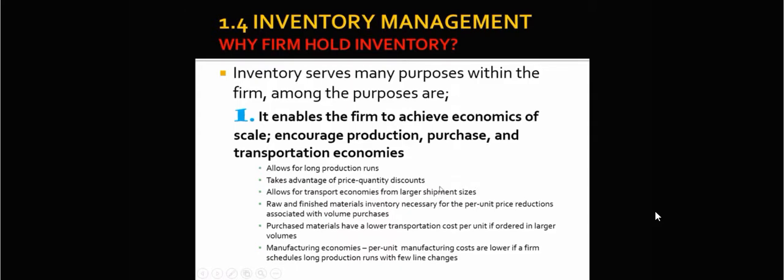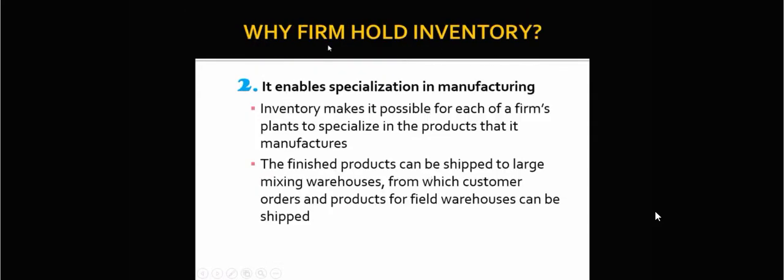Okay, next. Why firm hold inventory? It enables specialization in manufacturing. Okay, inventory makes it possible for each of a firm's plants to specialize in the product that it manufactures. Alright, bila kita ada inventory, dia membolehkan untuk syarikat ni, alright, dia specialize.